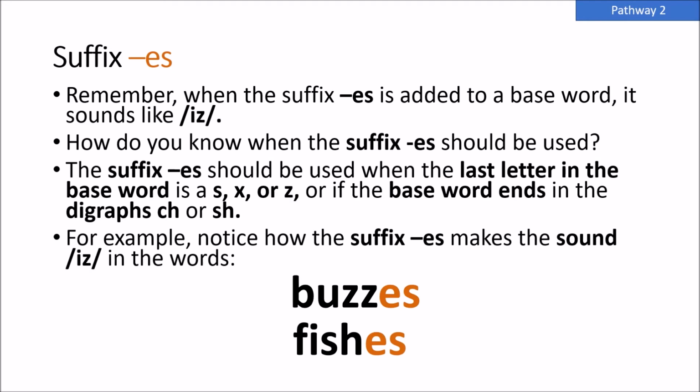You will notice that the base word buzz ends in the consonant z, and so therefore we use the suffix es ending. And the base word fish ends in the digraph sound sh, and so once again we use the suffix es ending.